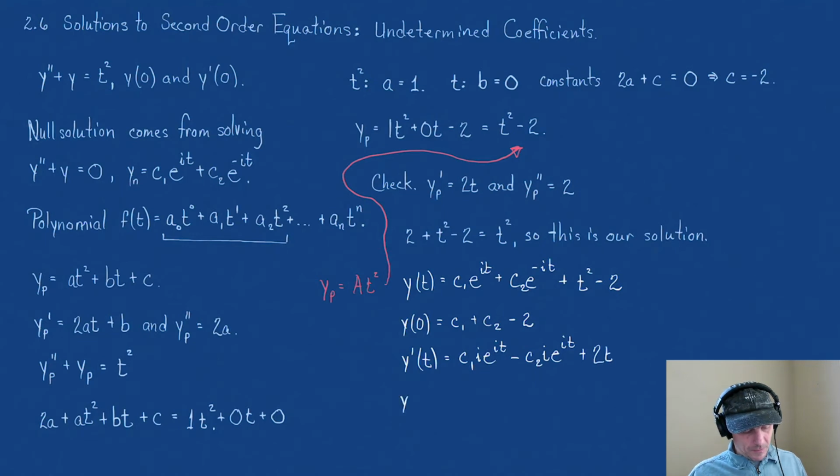So y prime of 0, that's going to give me c1 i minus c2 i. And then we could solve this system of equations for y of 0 and y prime of 0, and we could come up with our final solution.